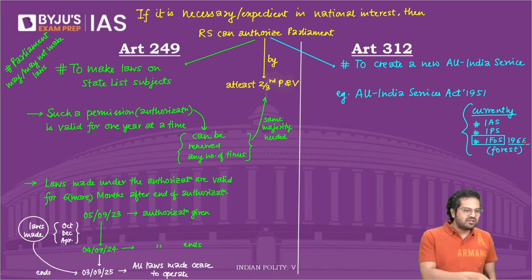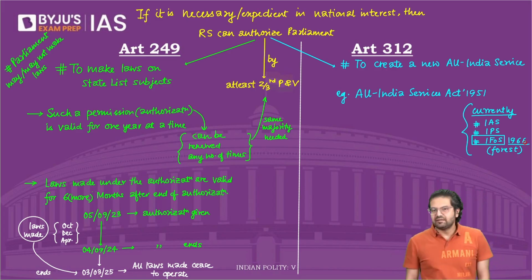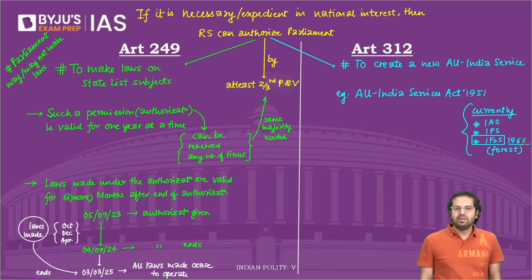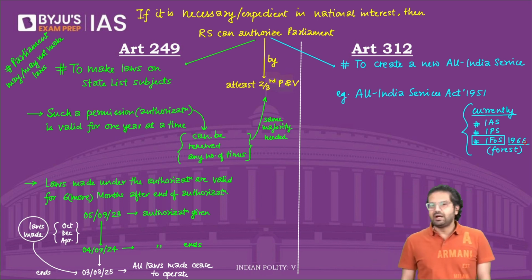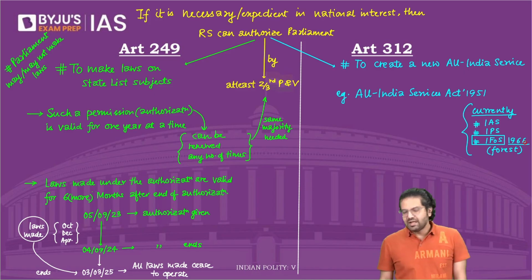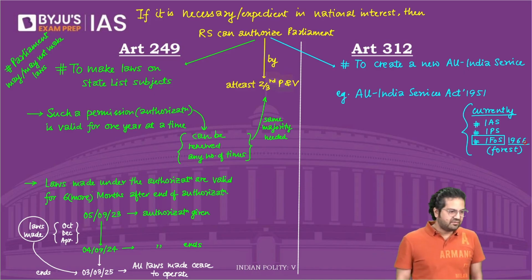Originally, we only had two, ICS and IP, meaning Indian Civil Service, that is IAS now, and Indian Police, meaning now Indian Police Service. Now we have three All India services. Okay, that's it.